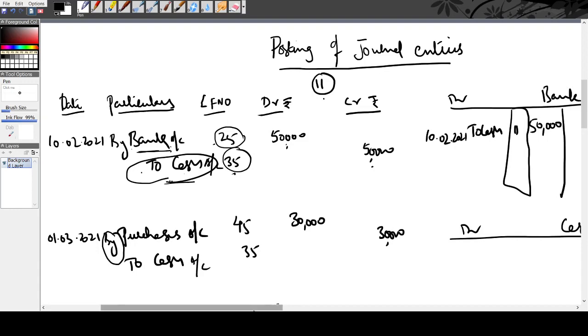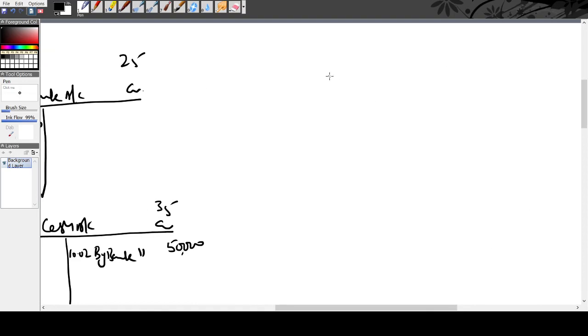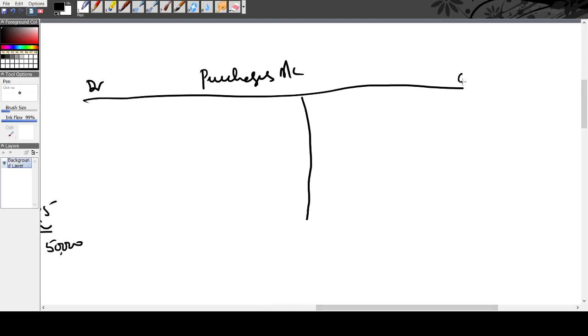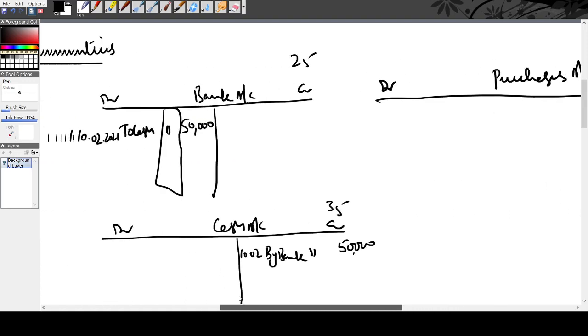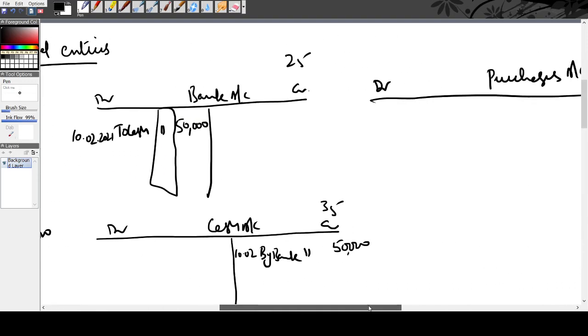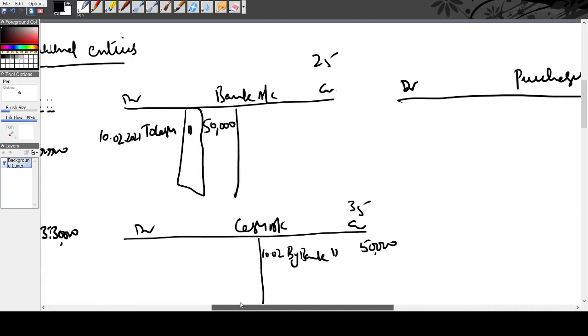So how do I post it? We have to now go to purchases account in our ledger. I'll use a wider one so that we have sufficient place to record all the information. And as per this journal entry, purchase account is in page number 45 of the ledger. So what should I write in the purchase account?